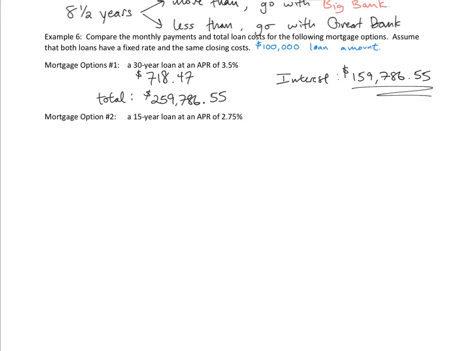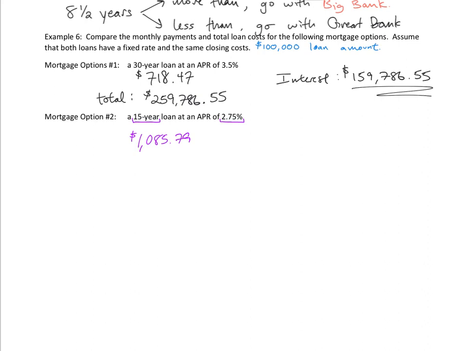For the second option, the 15-year loan at an APR of 2.75%, your payment would be $1,085.79. But this term is much shorter and your interest rate is much smaller. So when you find out how much this would be total, we're not multiplying it by 30 years.